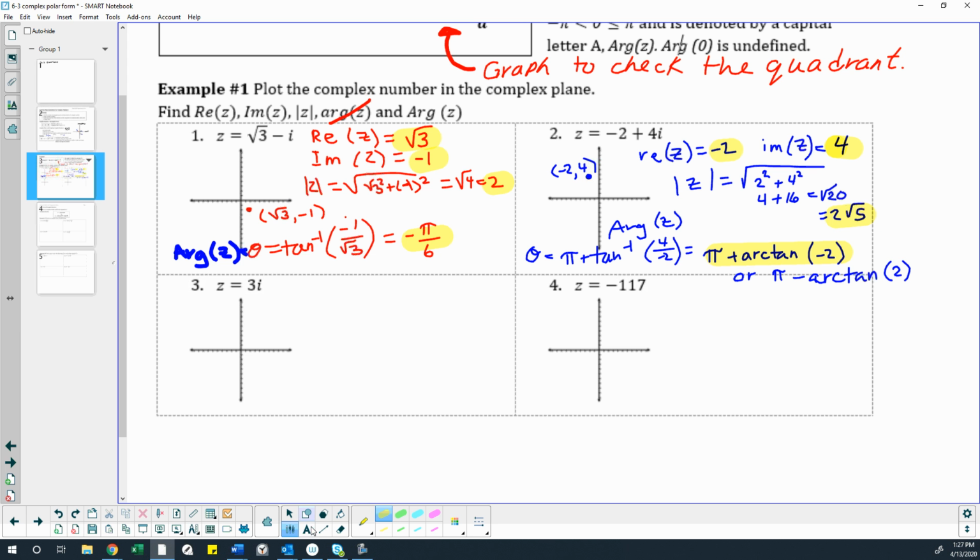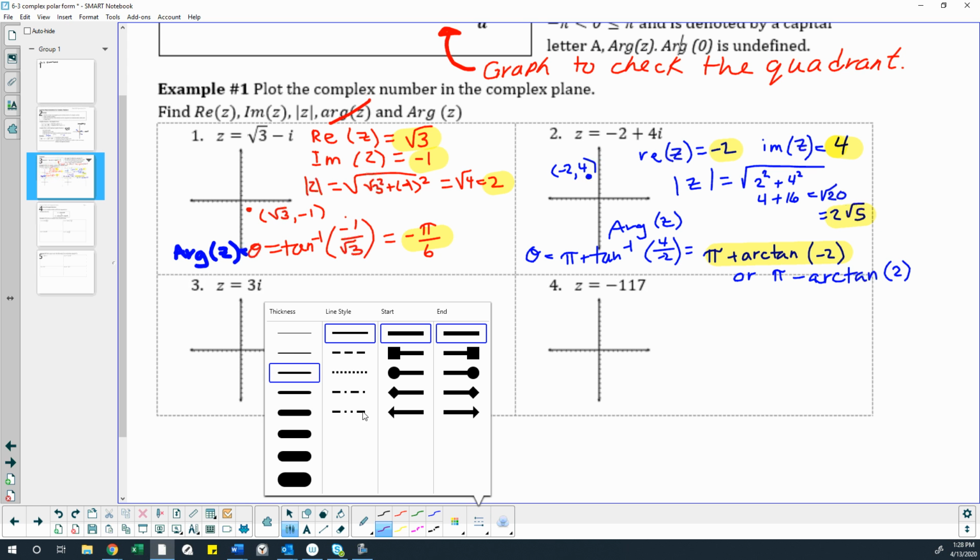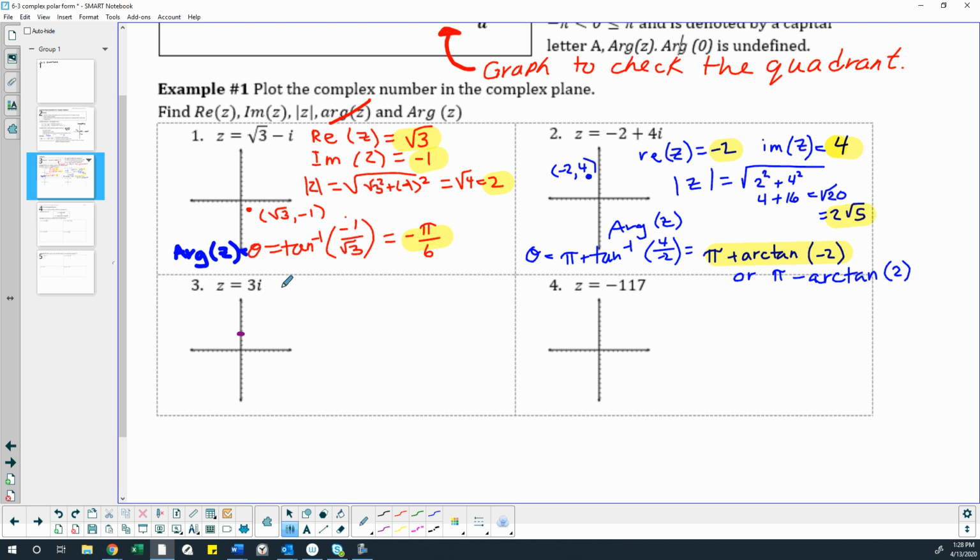All right, number 3. So 3i would be 0 this way and up 3, so it's right there. So the real part is 0, and the imaginary part would be 3, and the modulus would be 3.